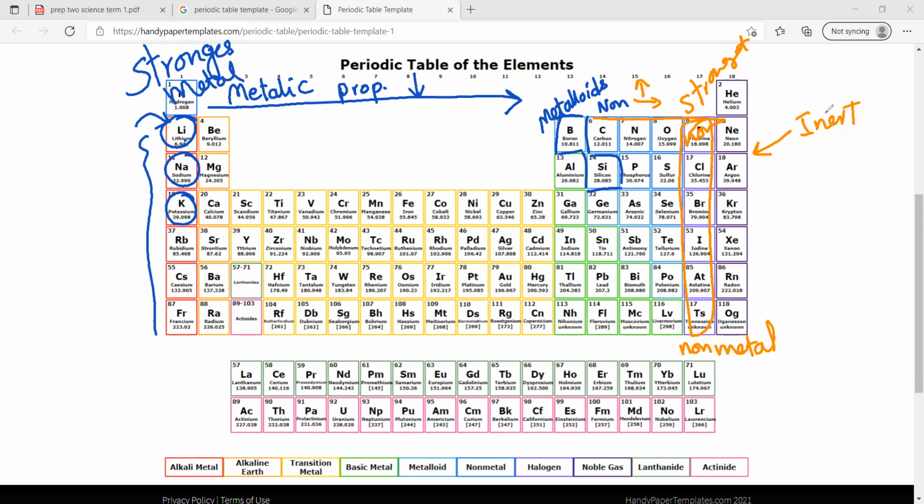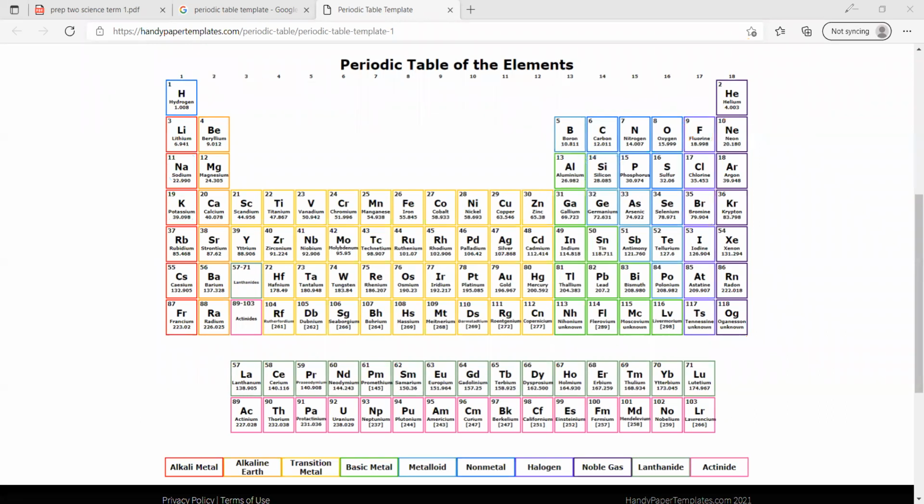Okay, so if I ask, for example, in period 6, what is the strongest metal and what is the strongest non-metal? I need the strongest metal. Cs. You have to know its name, by the way, because it has the largest atomic size. I know, but I can't pronounce it.